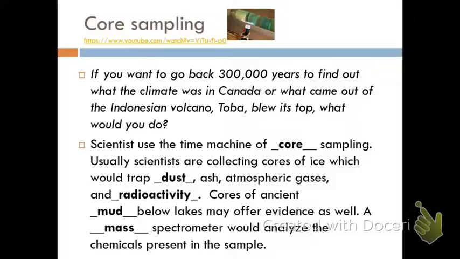You will find evidence of the past life as well. So core sampling is looking for, in ice, trapped dust, ash, gas, and radioactive particles. Cores of ancient mud are looking for, again, chemicals that are present, or fossils that are present in the core sample. So core sampling is another way that we can look and try to find out about ancient times.